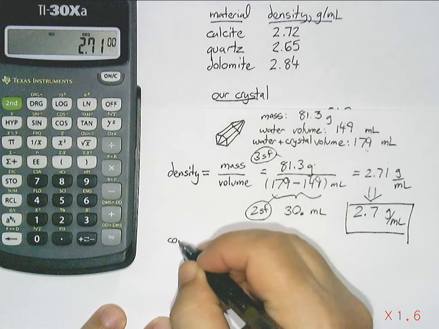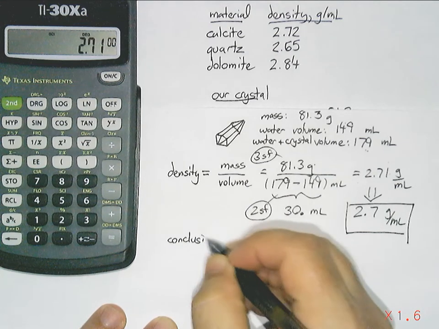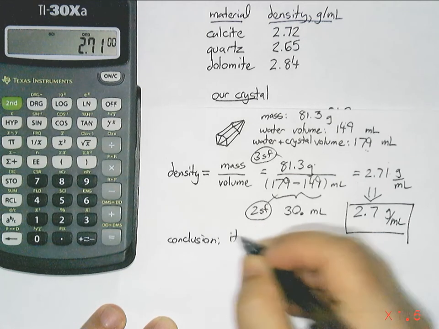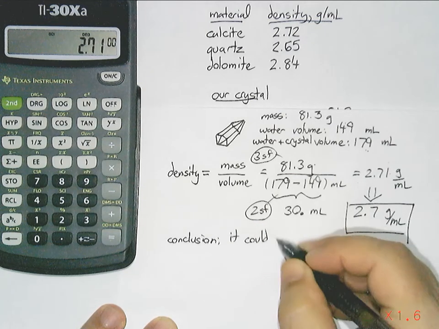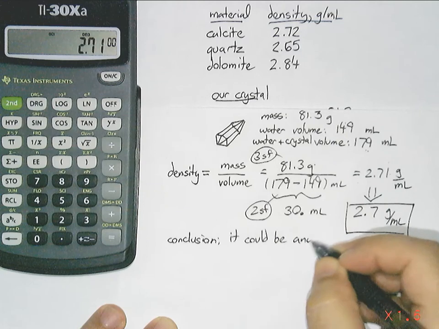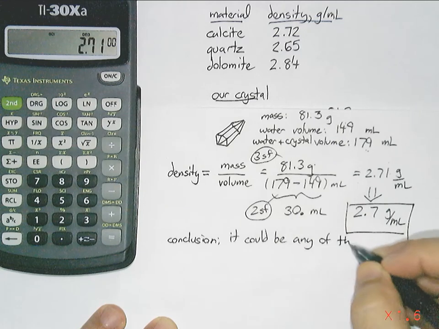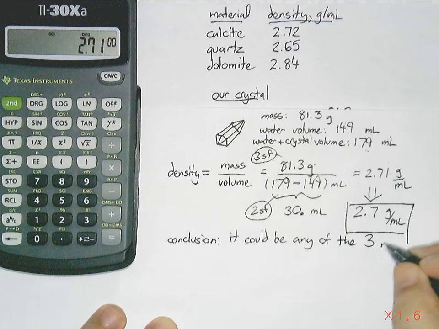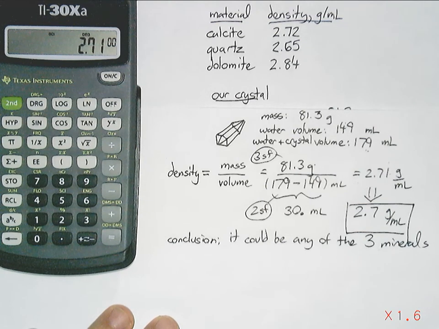So my conclusion with this data is it could be any of the 3 minerals that I have up there, and I really could. It's closest to calcite. I could note that. Looks closest to calcite, but it could be any of the three.